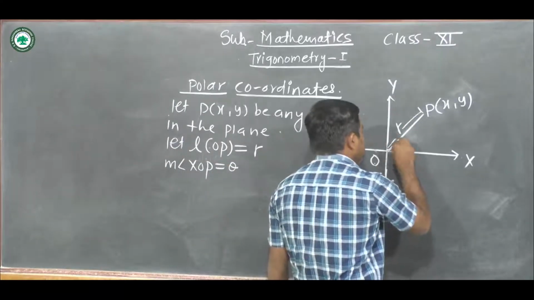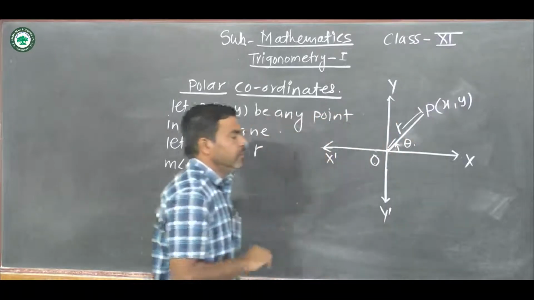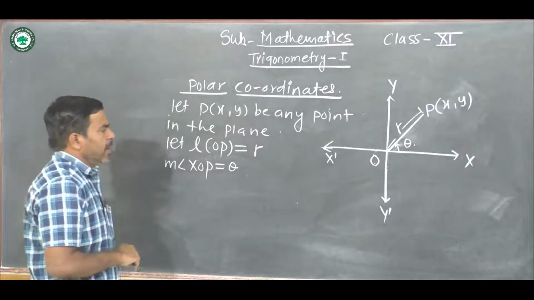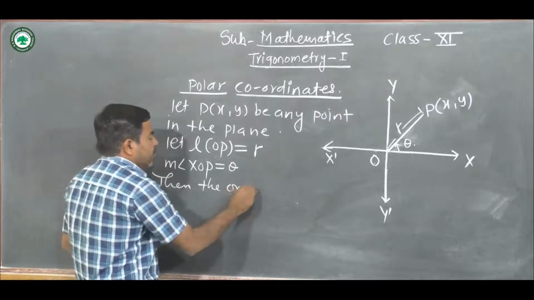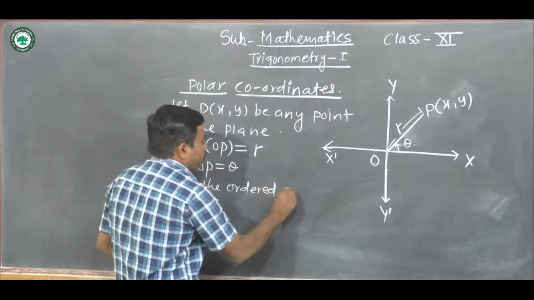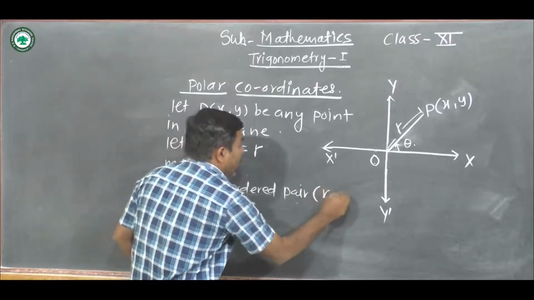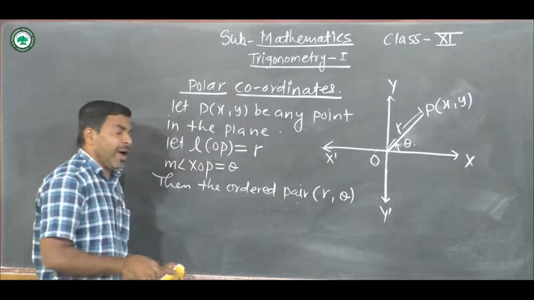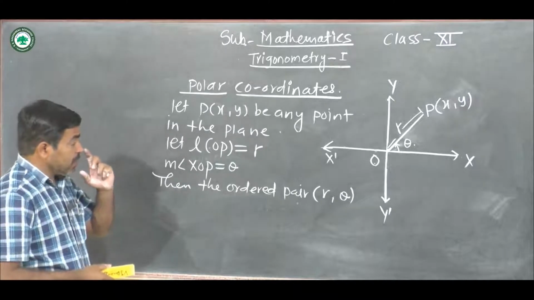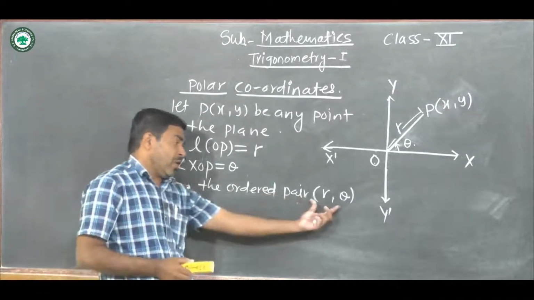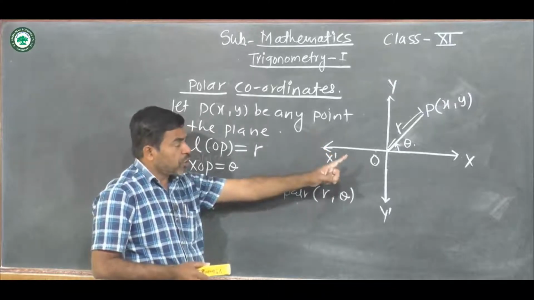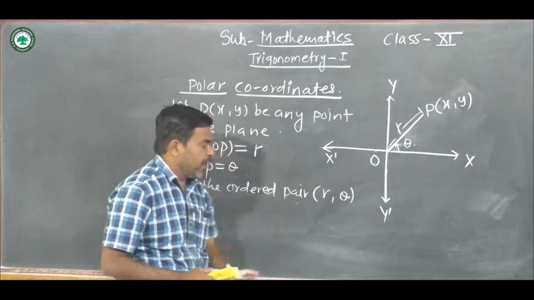This angle XOP is theta. Then the ordered pair r comma theta determines the position of the point P in the plane.